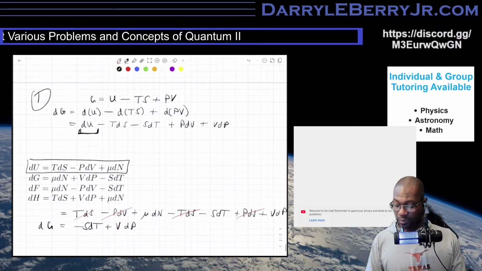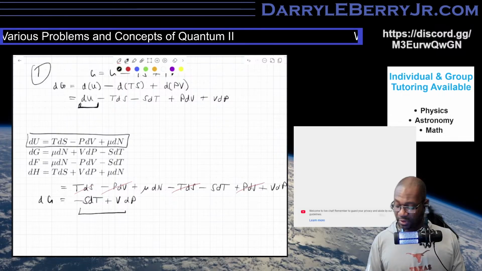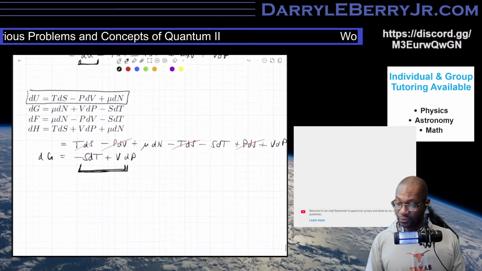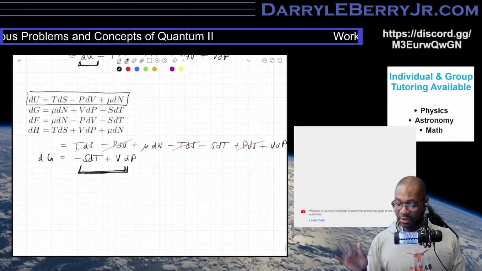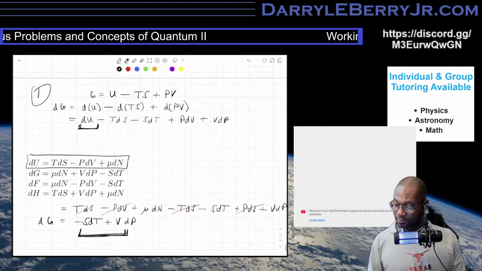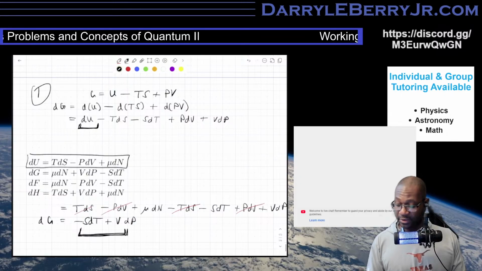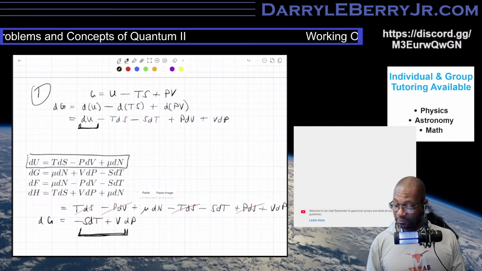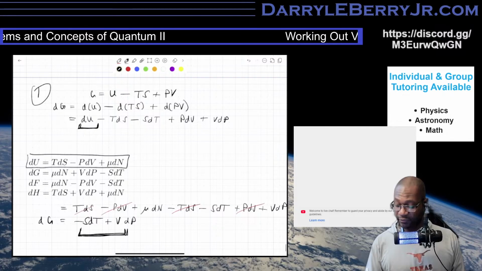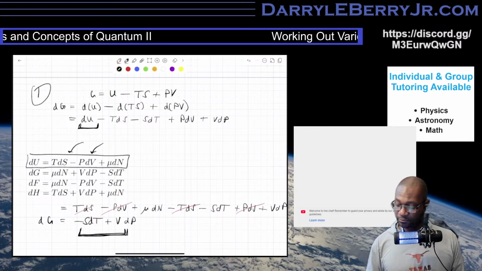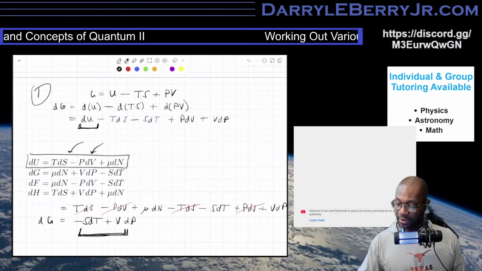And we're doing this because it wants us to get a Maxwell relation in terms of entropy and volume. So you plug in the thing that doesn't have entropy and volume, you change that for something else that does have entropy and volume, so we can isolate what we need.